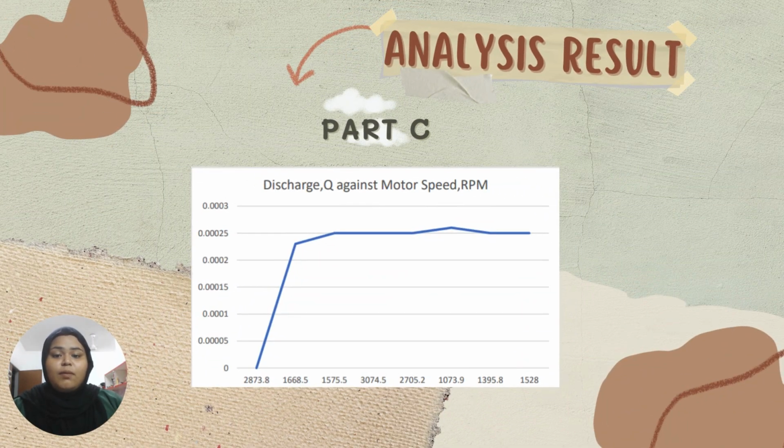And this is part C, where we need to find discharge Q against motor speed. All of part A, part B and part C are already given in the lab sheet, so we need to analyze and then draw a graph.